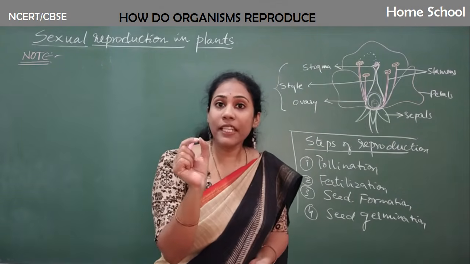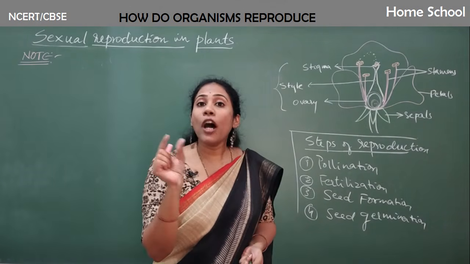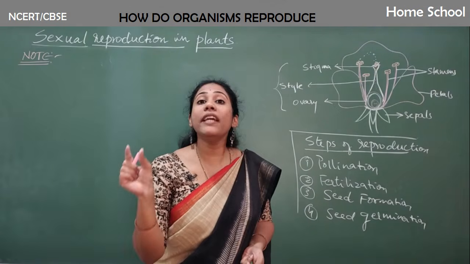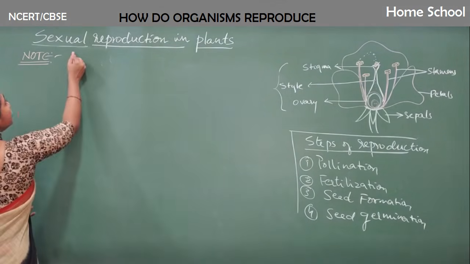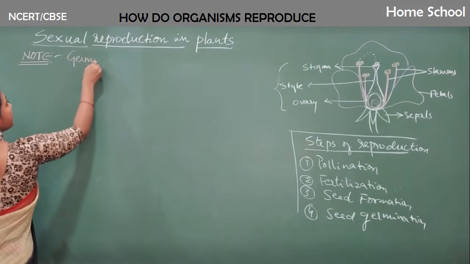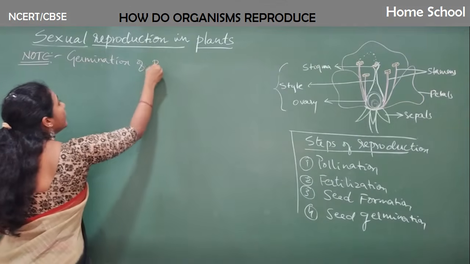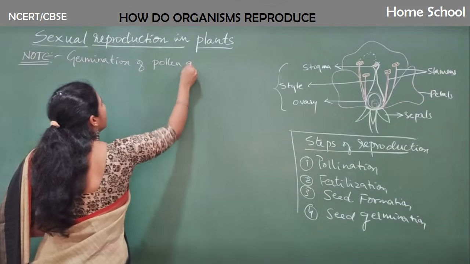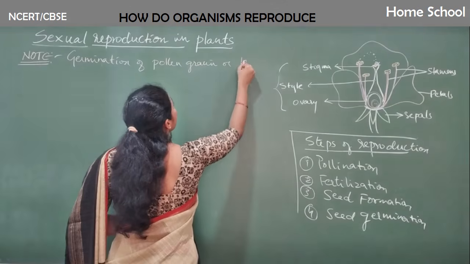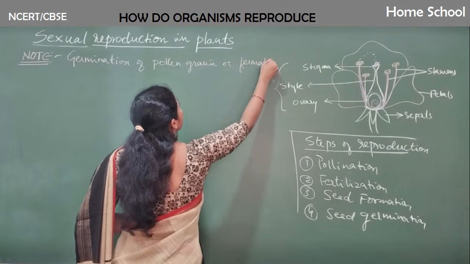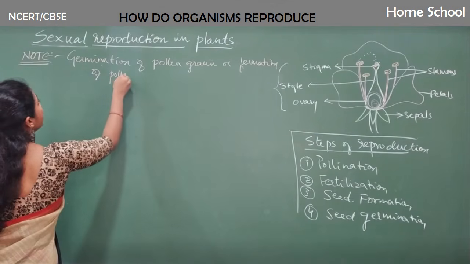By the germination of the pollen grain, or by the formation of the pollen tube. So what we are going to learn now? Germination of pollen grain, or formation of pollen tube.